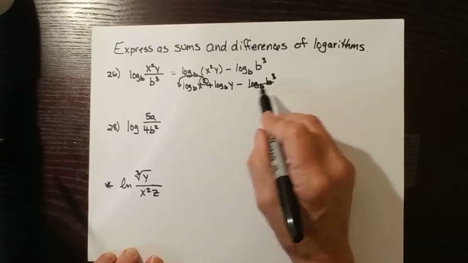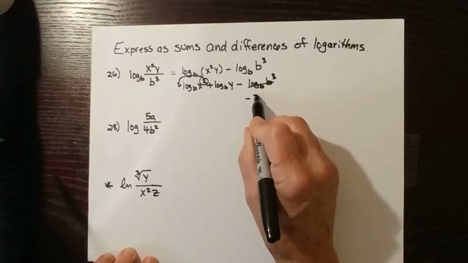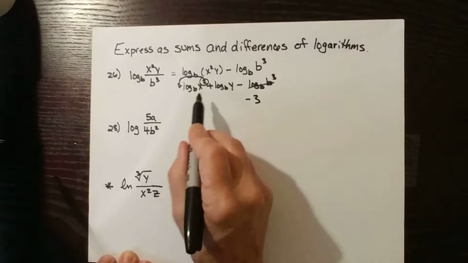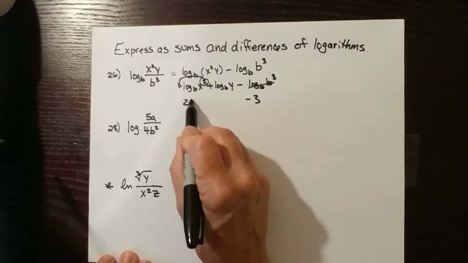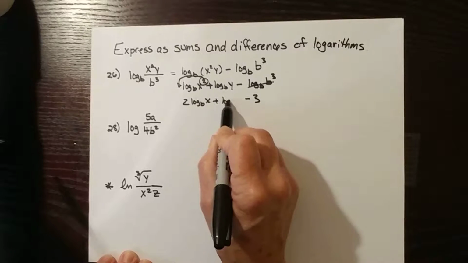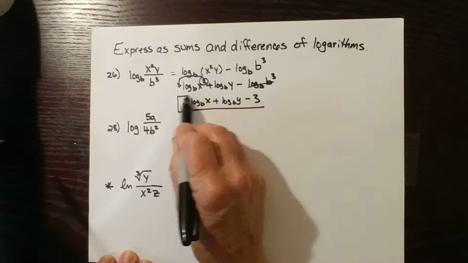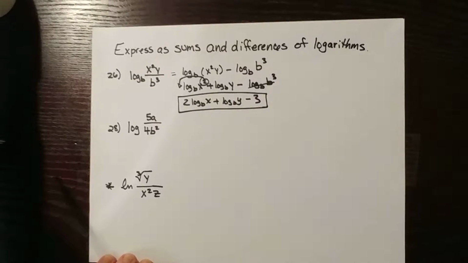That is a logarithm and an exponent. Those are inverses undoing each other. So this is just going to be a minus 3. If I take this 2 and move it in front, it's 2 log base b of x plus log base b of y minus 3. That is the simplified form of 26.